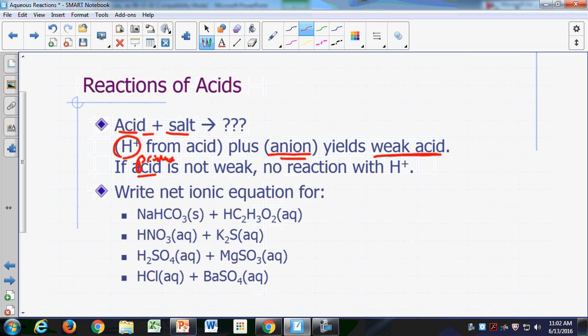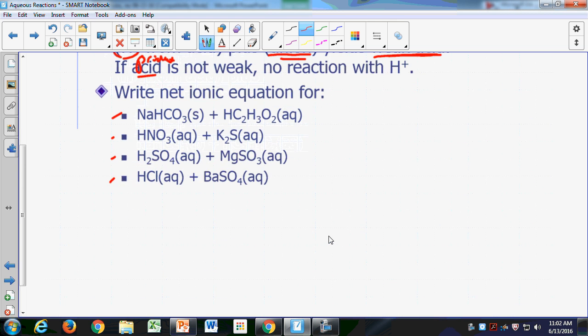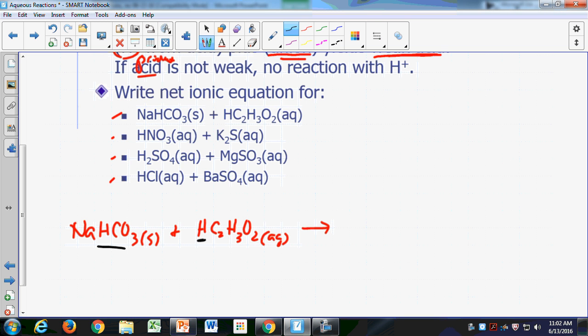Let's take a look at these examples and write ionic equations for them. Sodium bicarbonate plus acetic acid: NaHCO3 solid plus HC2H3O2 aqueous yields... The H plus from the acetic acid combines with the negative ion from your salt, giving H2CO3.